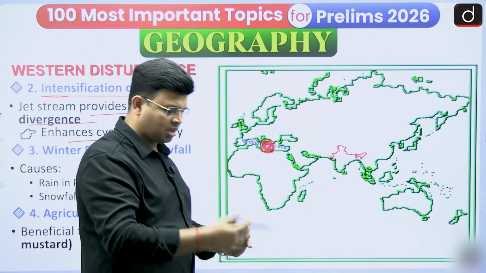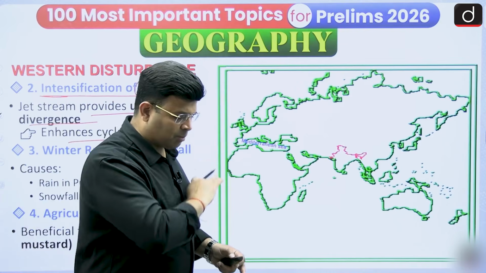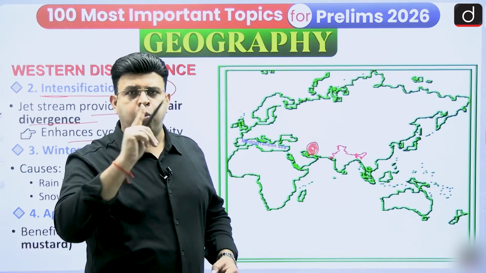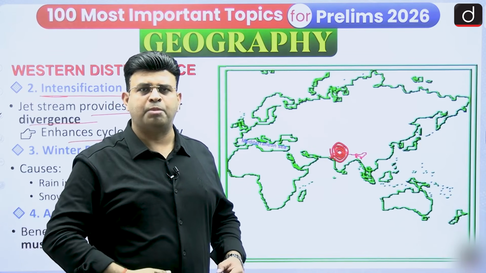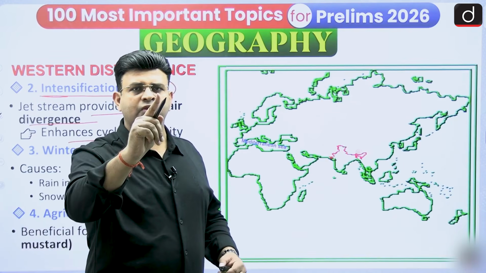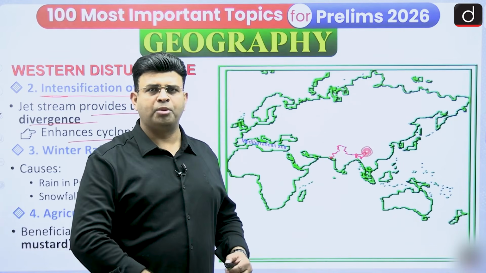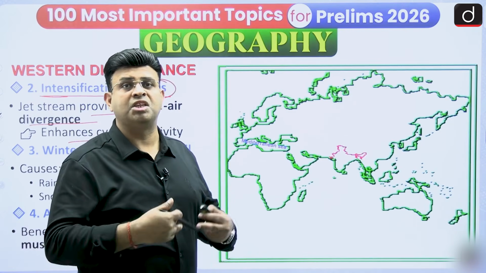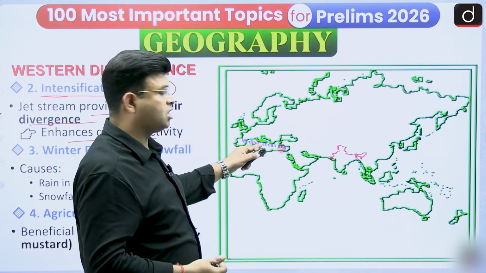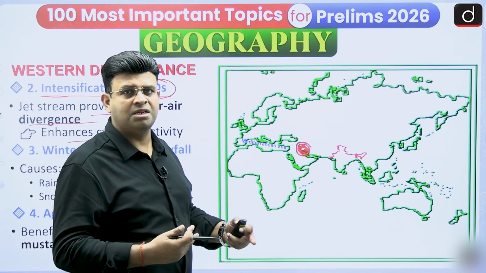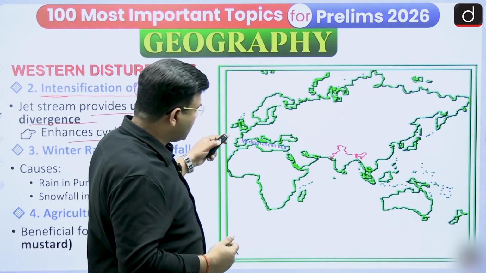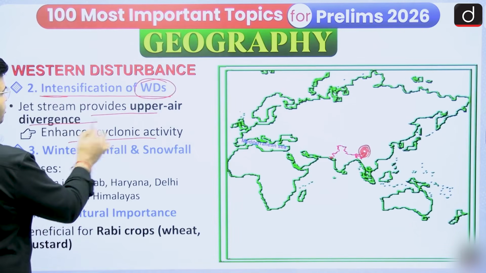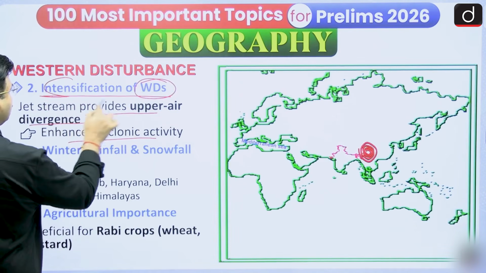Similarly, if air moves fast, the pressure reduces. If the jet stream moves fast somewhere, low pressure is created and upper air divergence is created, and more low pressure means a better intensified temperate cyclone. So the subtropical jet stream helps in upper air divergence, and because of that the intensification of the western disturbance takes place.